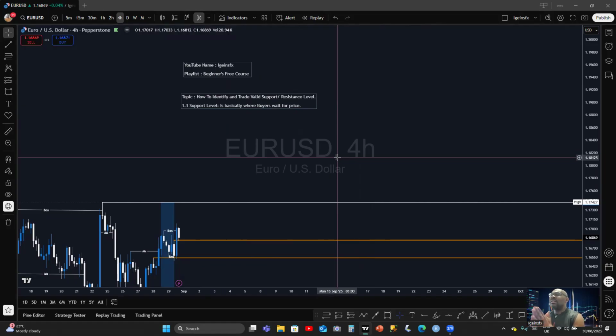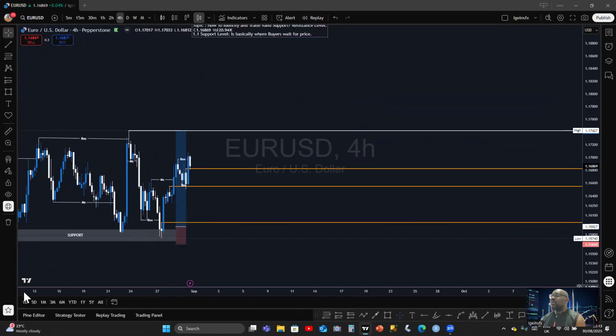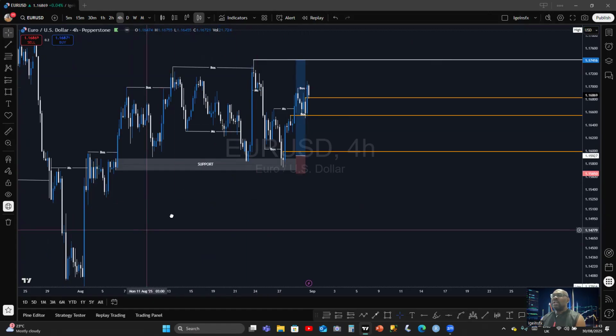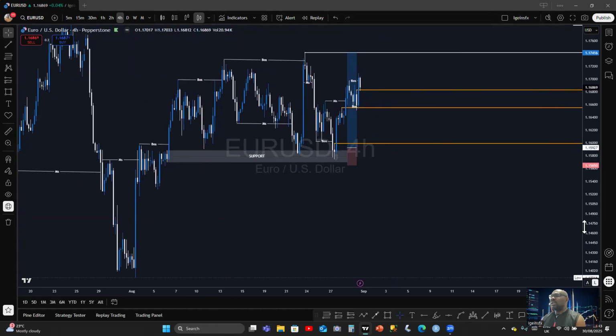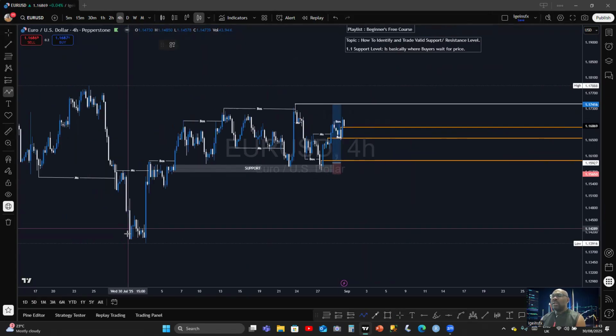Just take a support level as a level where buyers wait for price. All right. In a bullish market, like I told you, anything I do, I show you on the chart. In a bullish market, this is it. You agree with me that this market is bullish. Low, high, low, like this.